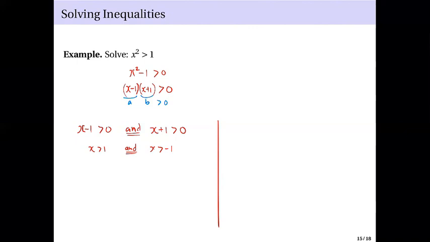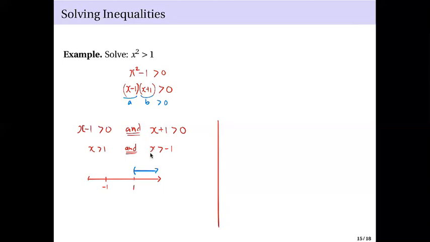If we try to graph these two inequalities, this means the following. Say this is your -1, this is your +1. For this inequality, we want our x to be greater than 1, so this is an open parenthesis and this goes to the right direction.